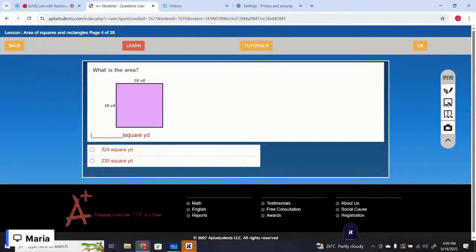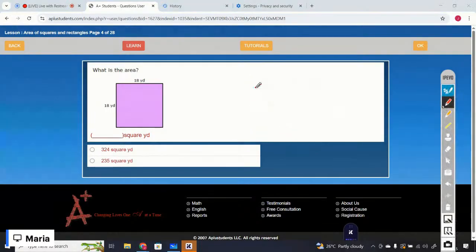What is the area? Now we are given the square, right? So the square has the area that is side times side, right? So the sides are 18. So that is 18 times 18. So which is the correct option? 8 times 8 is 64.